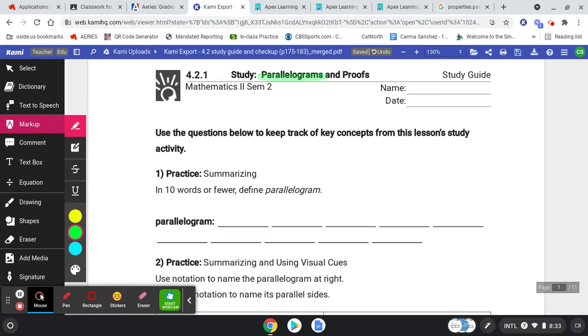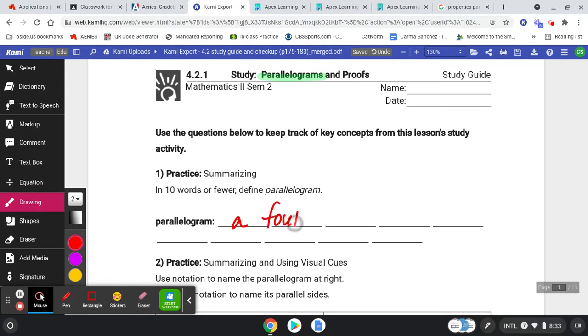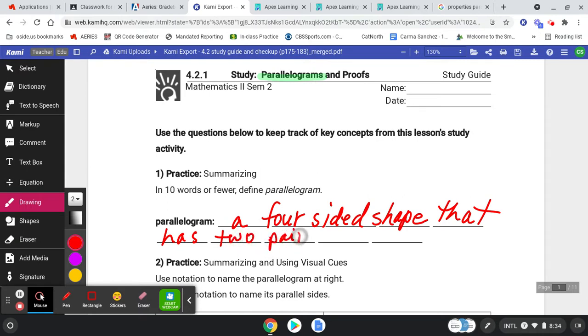So a parallelogram, again, we know a lot of things possibly about parallelograms, but the true definition is just any four-sided shape that has two pairs of parallel sides, or opposite parallel sides.